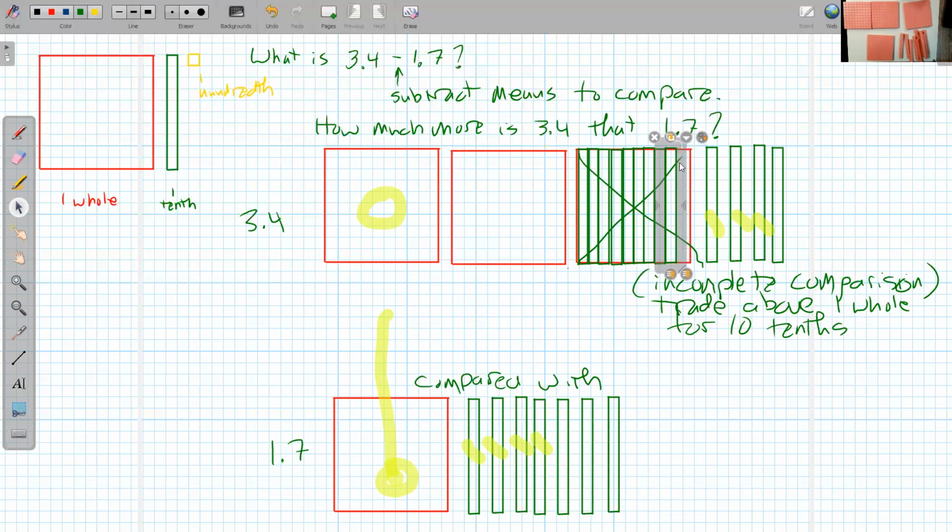Getting there. So my pieces don't quite line up. 1, 2, 3, 4, 5, 6, 7, 8, 9. One more. All right, so I just did my trade for 10 tenths. So I guess we can pull that out.